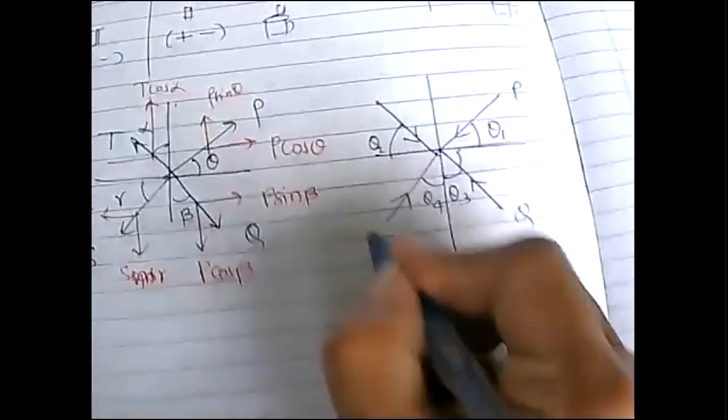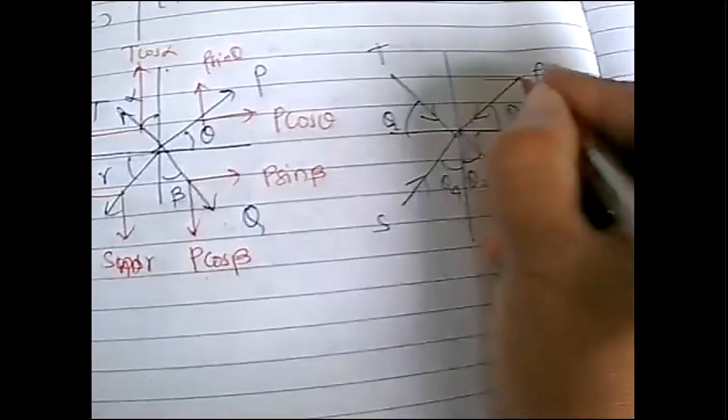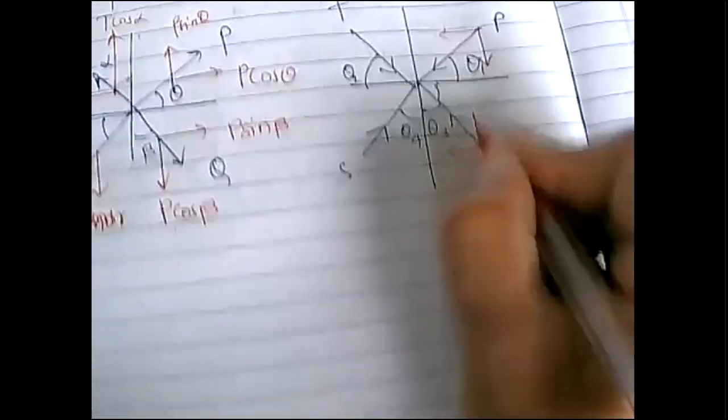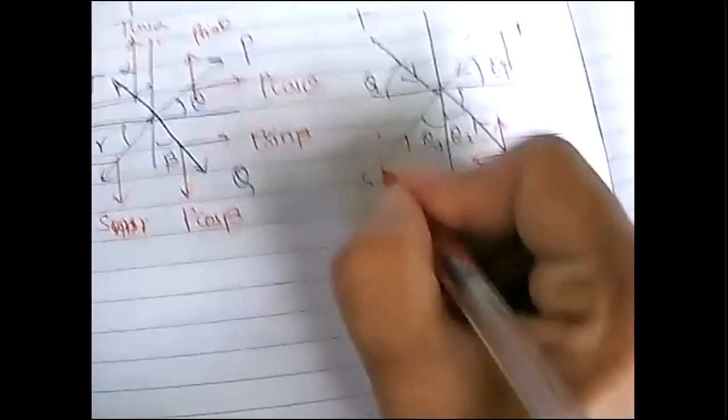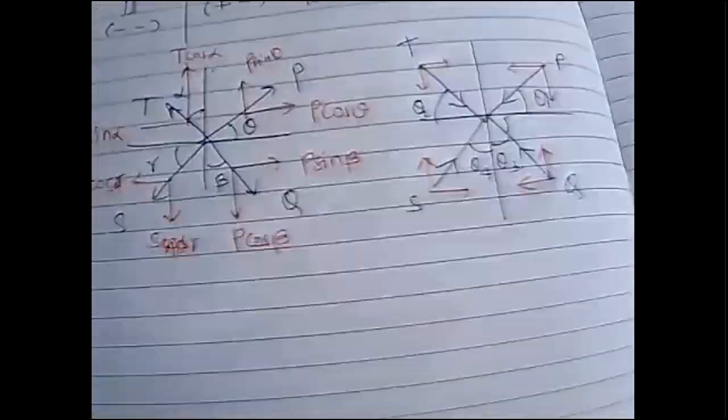Right? So again we'll name the same P, Q, S, T. Four forces are there. Then now the directions will be like this. Please concentrate on this. It will clear all your doubts. There will be confusion in your mind about which direction is to be assumed to resolve the forces.